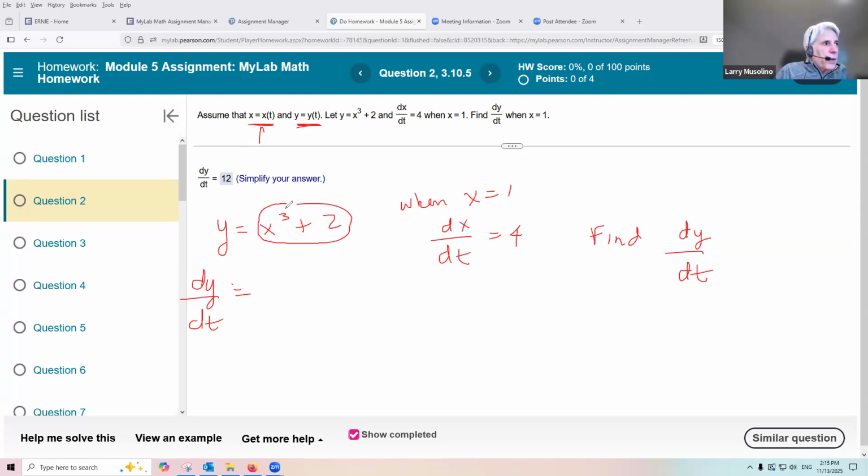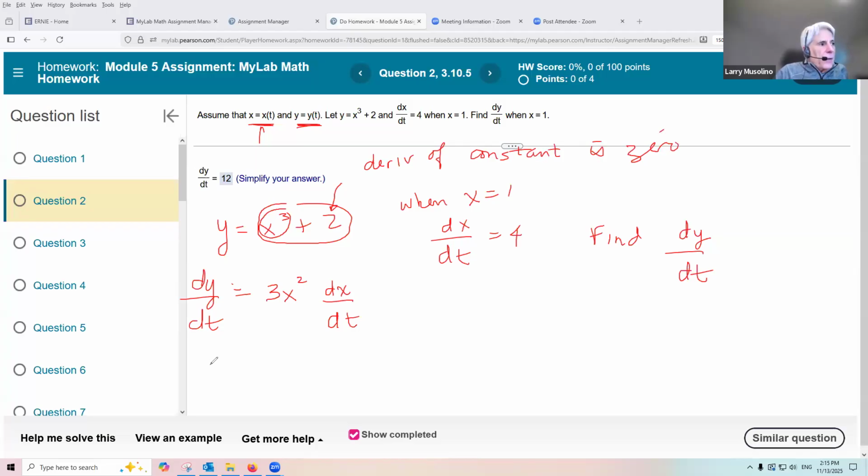So when I take this derivative of x to the third, that's 3x squared. But I have to keep in mind the chain rule that says we need dx/dt as well. When you go to take the derivative of this 2, remember the derivative of a constant is 0.